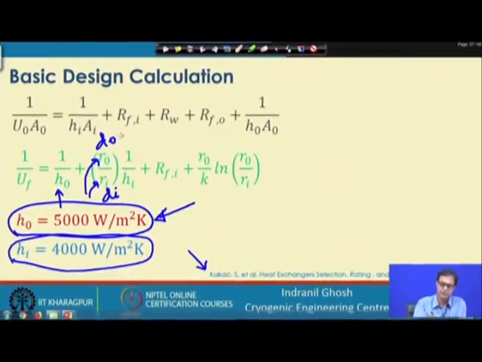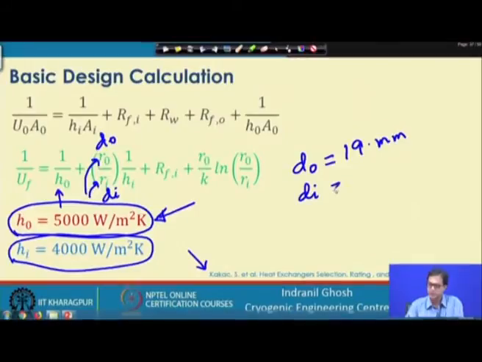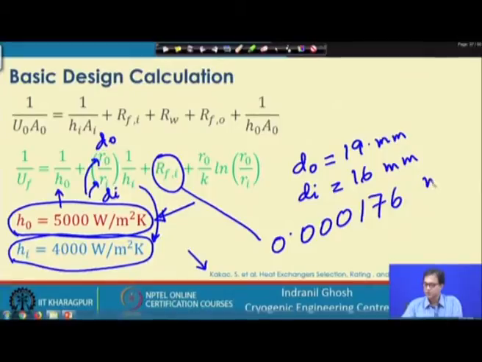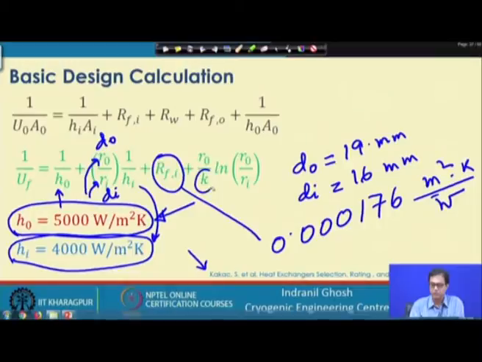So, D0 is equal to 19 mm and Di is 16 mm. hi is already given, Rfi is already known, that is equal to 0.000176 meter square Kelvin per watt, and you have to put the value of k and R0 by Ri and ln.